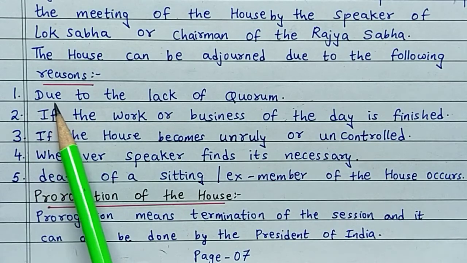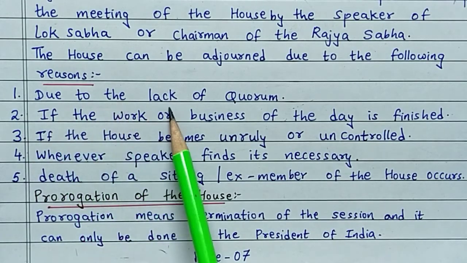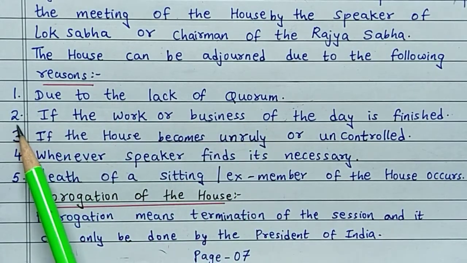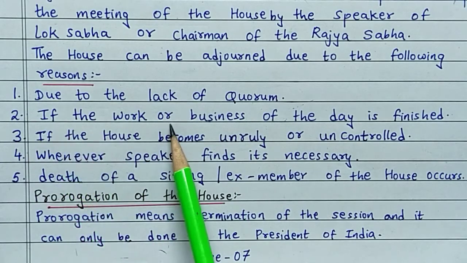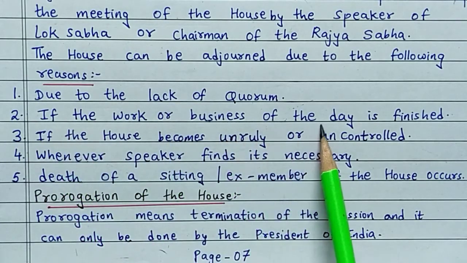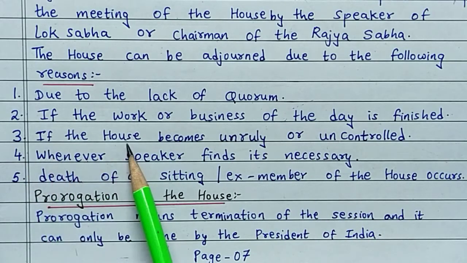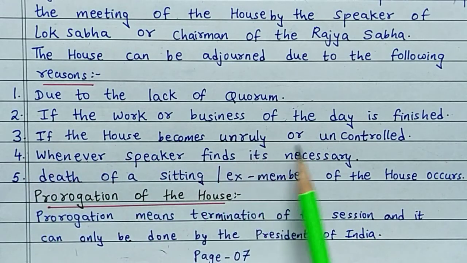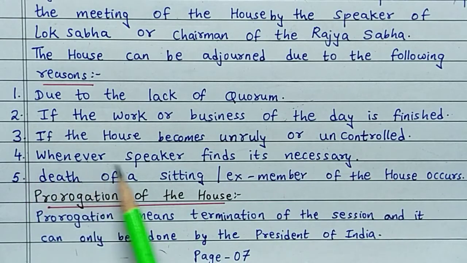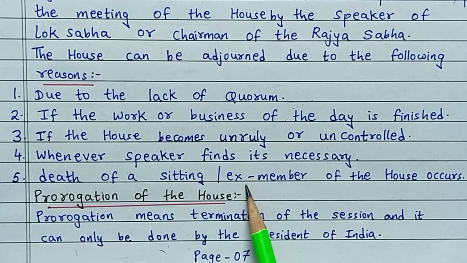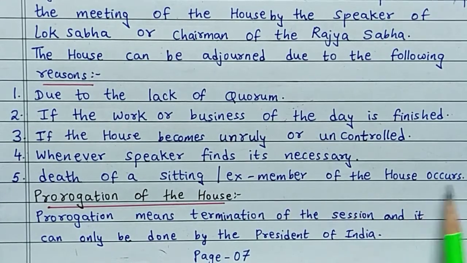Number 1, due to the lack of quorum. Second, if the work or business of the day is finished. Third, if the House becomes unruly or uncontrolled. Fourth, whenever the Speaker finds it necessary. Fifth, death of a sitting or ex-member of the House occurs.